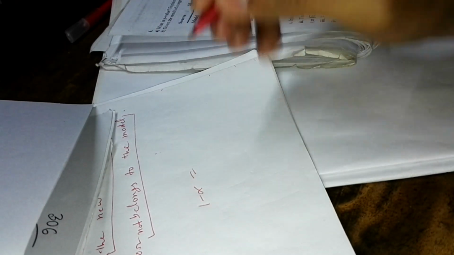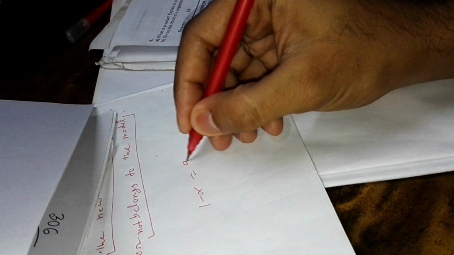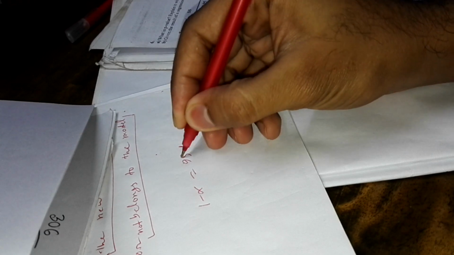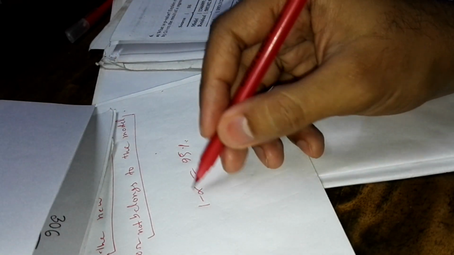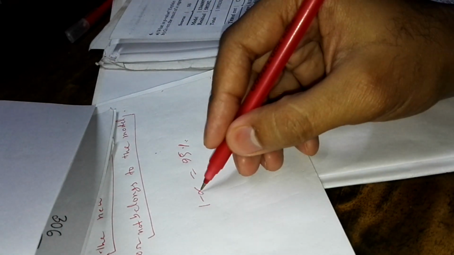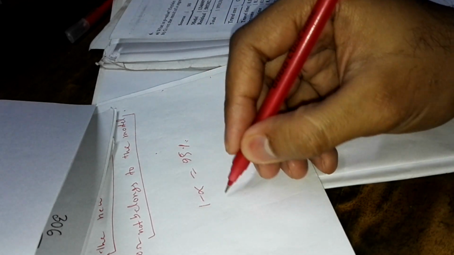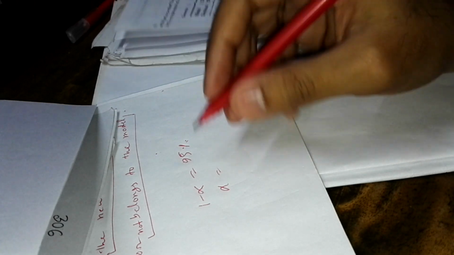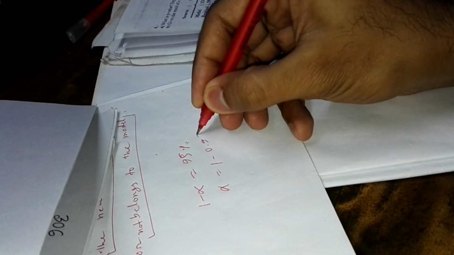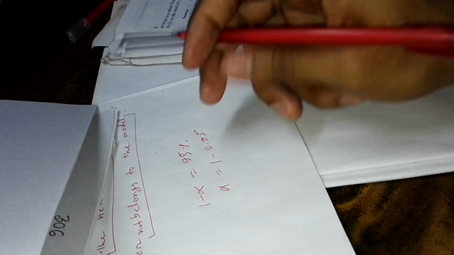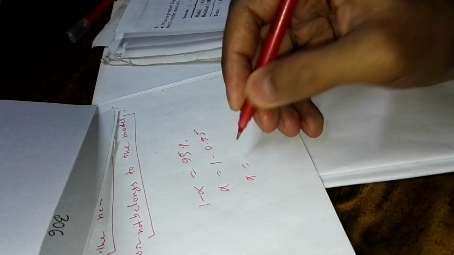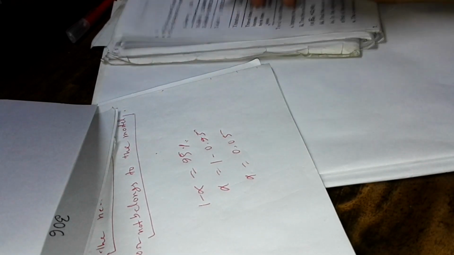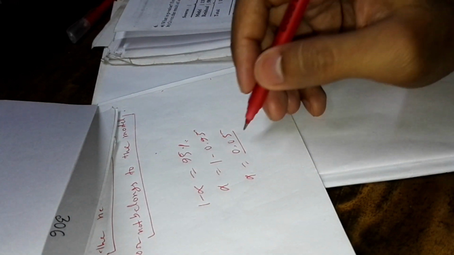For this, let's take it as 1 minus alpha is 95%. So it is given, right? So alpha is our significance level. So for finding alpha, let's take it is just interchange the side, so it will get 1 minus 0.95. So hope you are understanding this. So alpha is something like 0.05. So you're checking this. So 0.05 is our alpha.